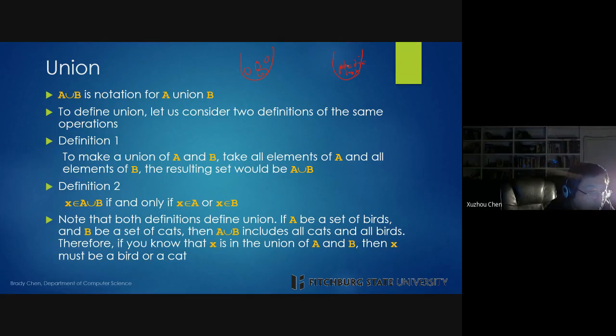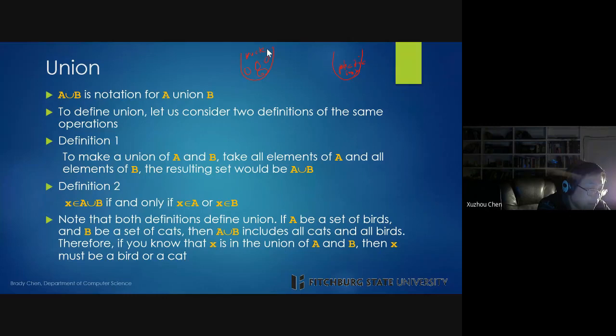These two sets have nothing in common, right? But when we talk about a union, we basically talk about if I mix the elements in these two bags, and that's basically called a union.